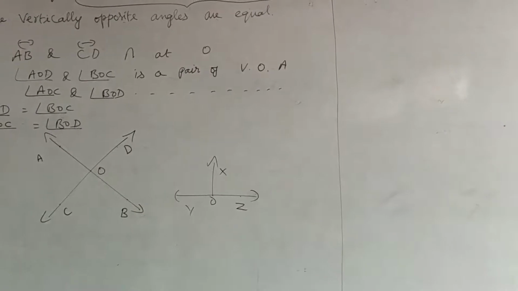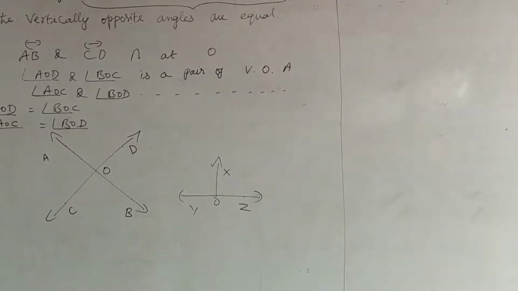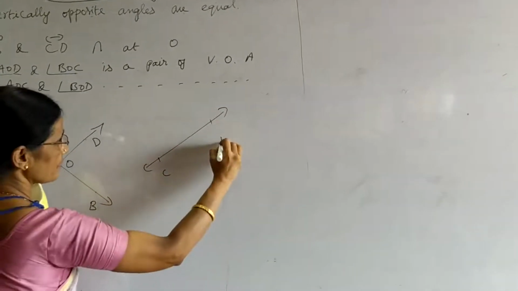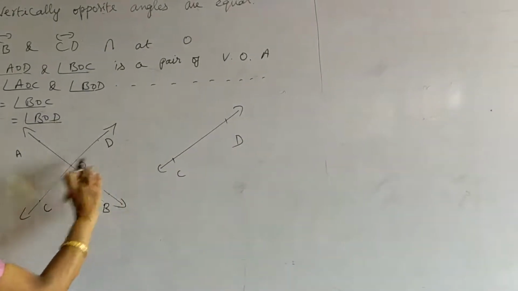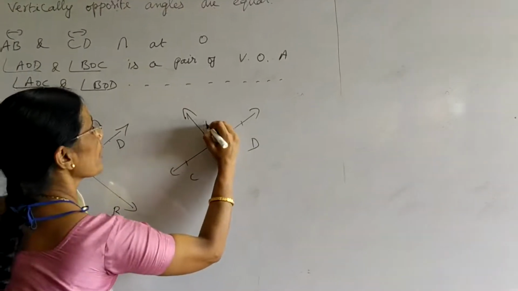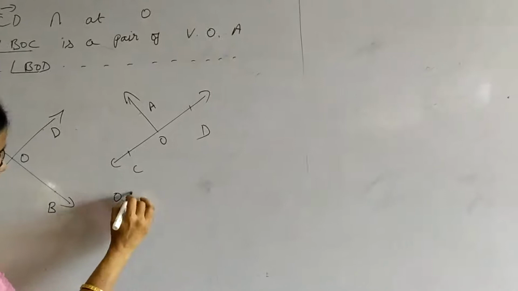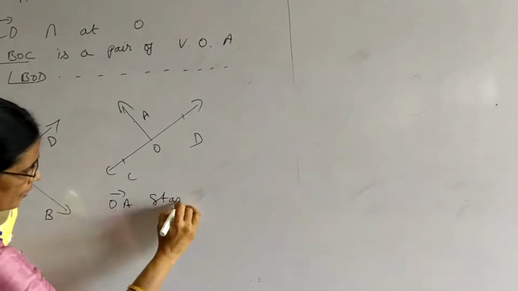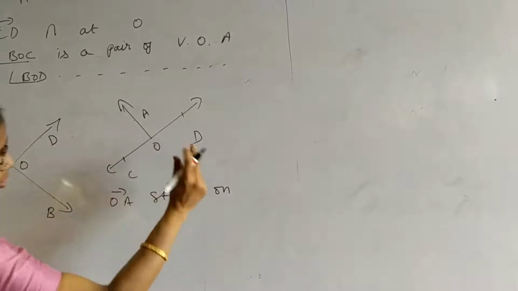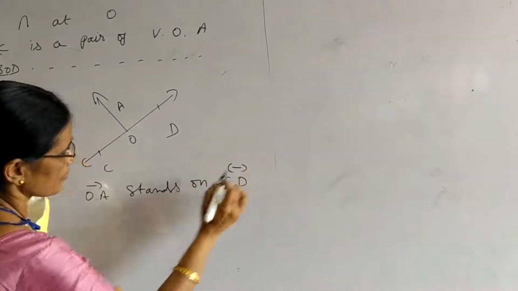Here we have two pairs of angles. I have taken line CD. On CD, you find the ray OA. So ray OA stands on line CD.